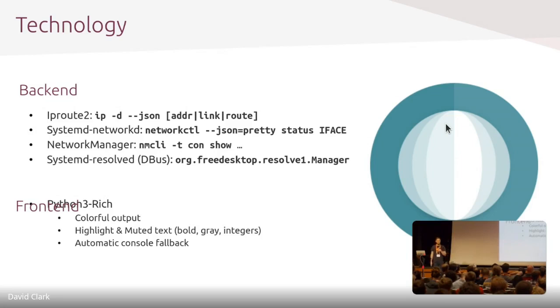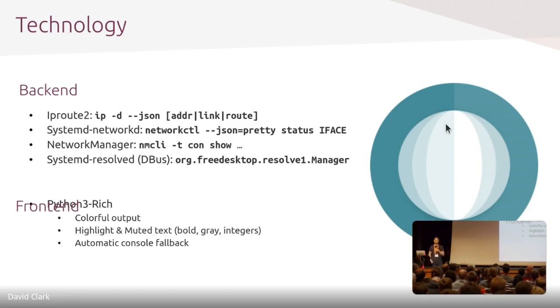In the front end, we're using the Python 3 rich module, which allows us to format the terminal output in a colorful and nicely formatted way, which we use to highlight more important data, like things that have been configured explicitly by the administrator, while making less important data go to the background a little bit by graying it out.